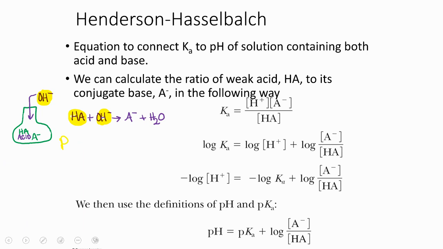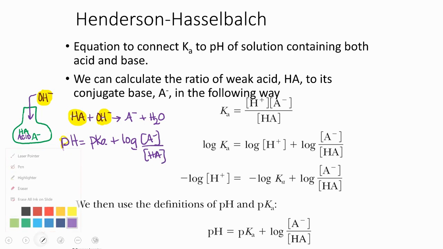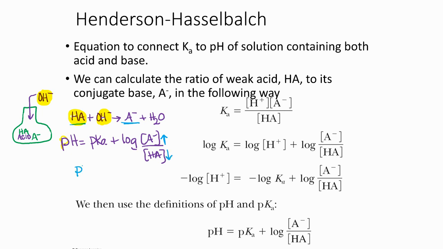And let's see if we can see why. So here's the Henderson-Hasselbalch equation. In this scenario, A minus is going to increase because you're making it over on this side, and HA is going down because it's getting neutralized. That means the pH is going to be increasing.